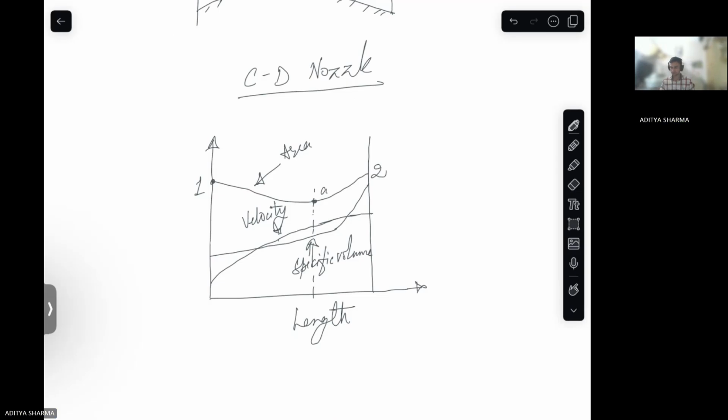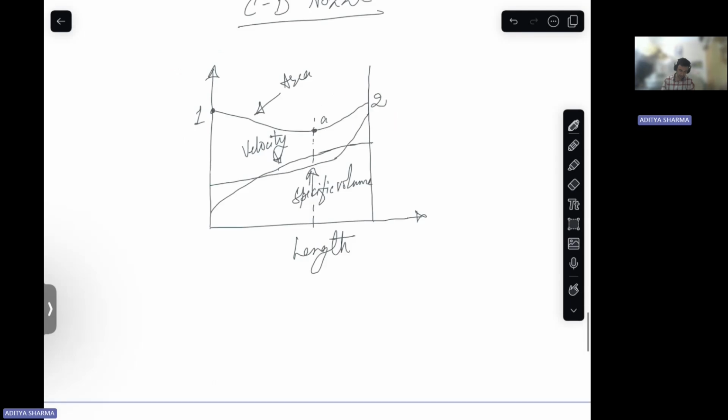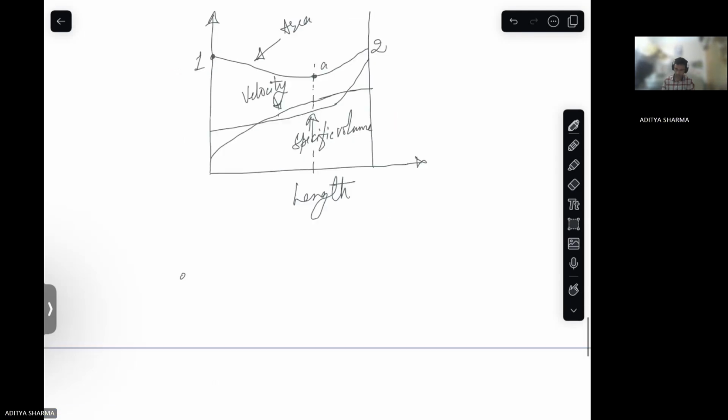Then energy balances have been given in this topic, right? So you can refer to the lecture content for that. And from there, what we have received is the relation of area to mass flow rate.